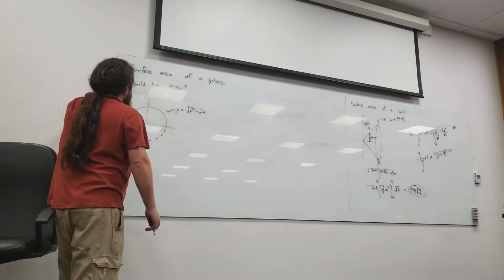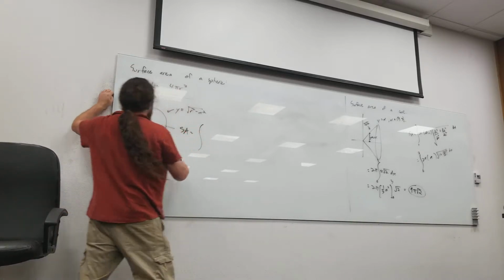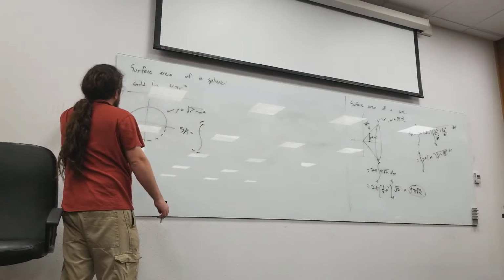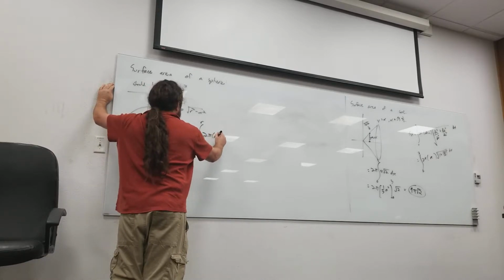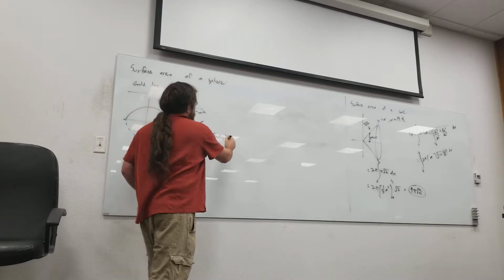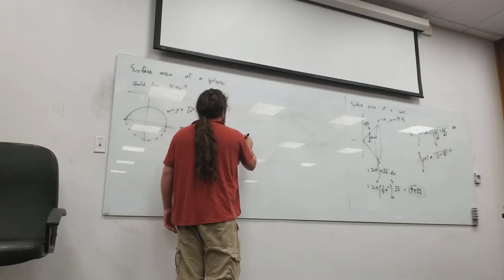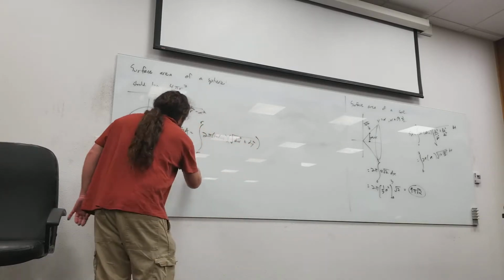Alright. Well, surface area is the integral from, what, negative r to r probably? Okay. It's supposed to be 2 pi times some kind of a radius times a small amount of arc length. Okay.